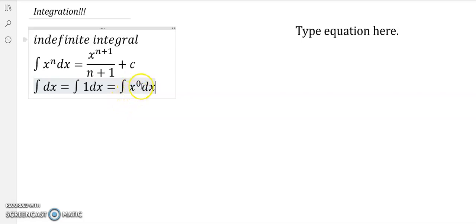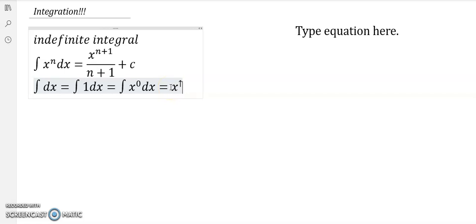Guys, we wrote this because x to the power 0 gives 1, so that now we can write in this form x to the power n plus 1, where our n is 0 plus 1. Then let's quickly write it.